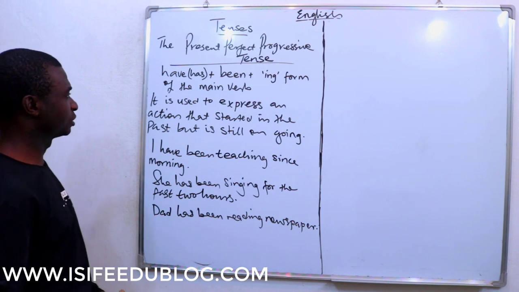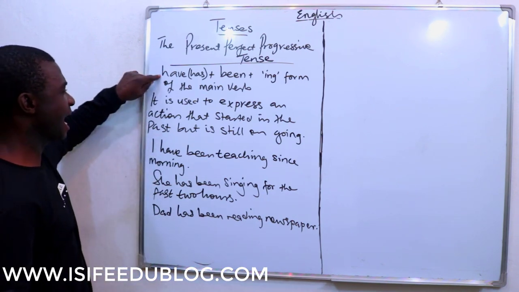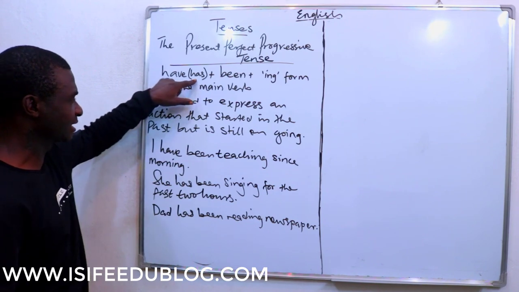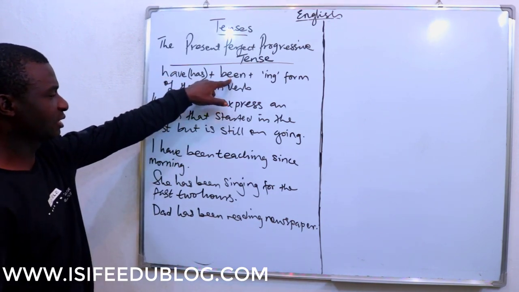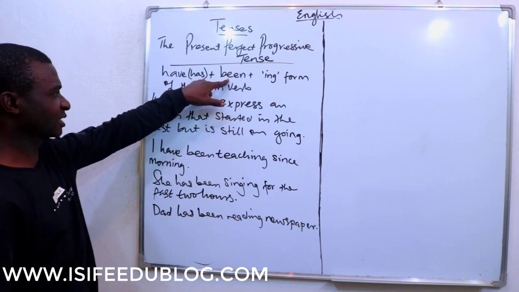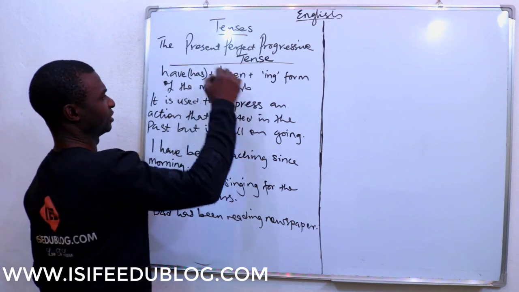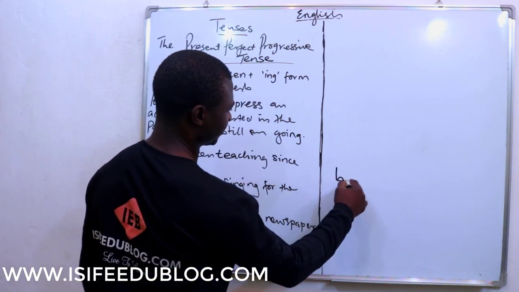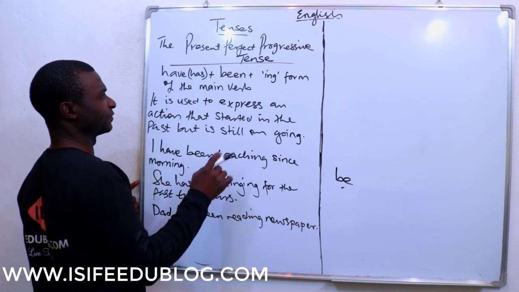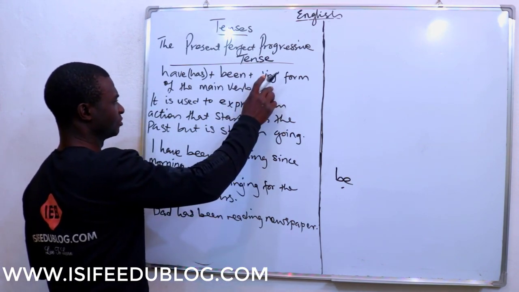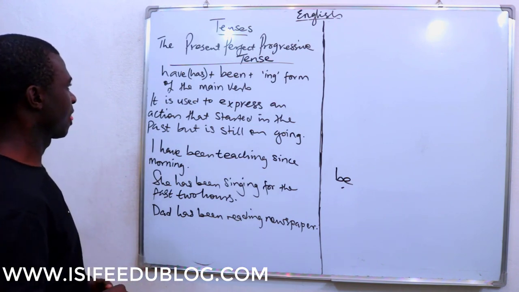It is formed by combining have or its variant has, depending on the subject, with been, the past participle form of be. Alright? The form is been, plus the ing form of the main verb.